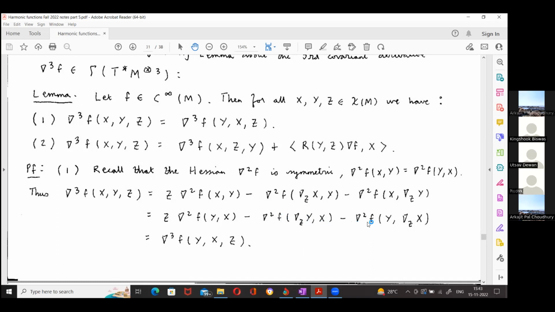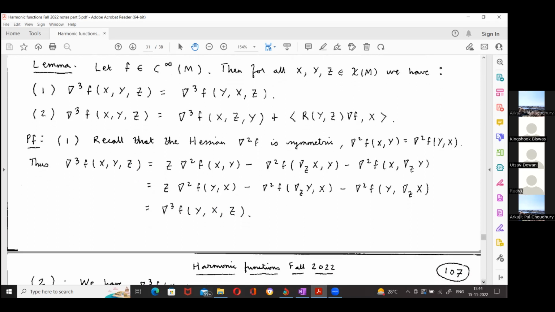Minus nabla squared f of, I interchange the y and the nabla_z x, y comma nabla_z x. And by definition, this is nabla cubed f of y, comma x, comma z, right? Yes. So this is the definition of nabla cubed f of y, comma x, comma z. So that proves the first part, all right? Is this okay?